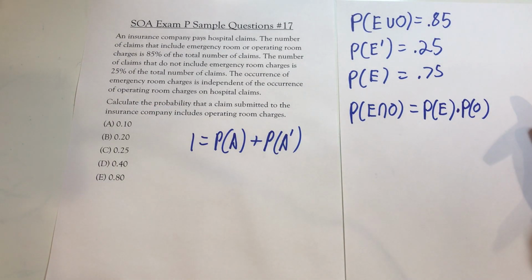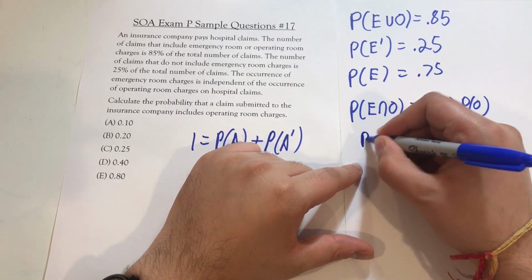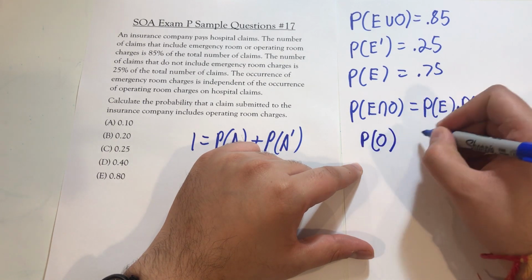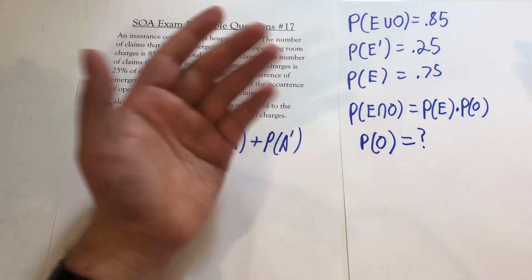Last piece, calculate the probability that a claim submitted includes operating room charges. We are looking for the probability of operating room charges. Let's see if we can set something up.